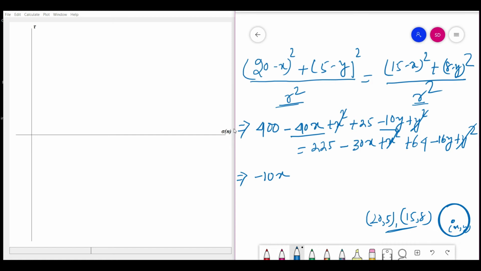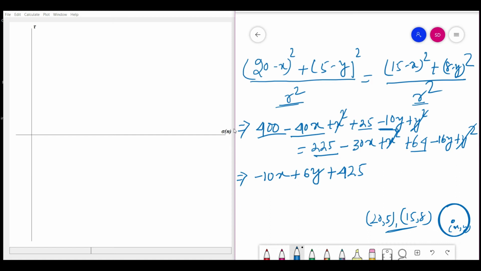Then we have minus 10y here and minus 16y here. If we take it to this side, it will be plus 16y, and the overall value is plus 6y, and plus 425, that is 400 plus 25, and 225 plus 64, that is 289.